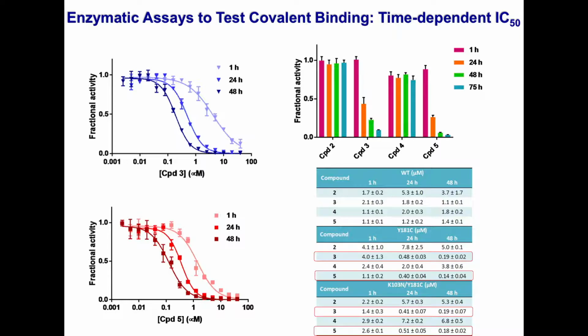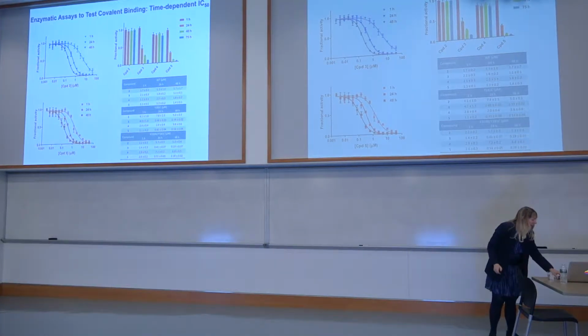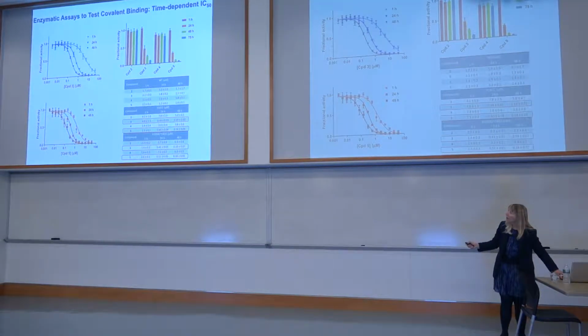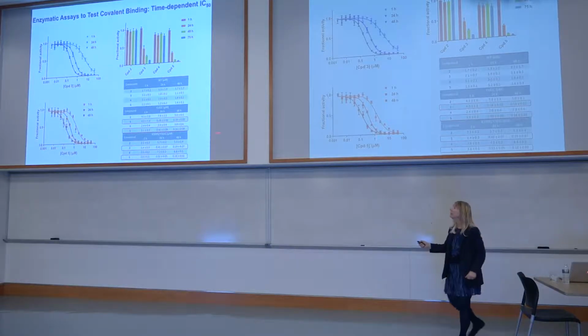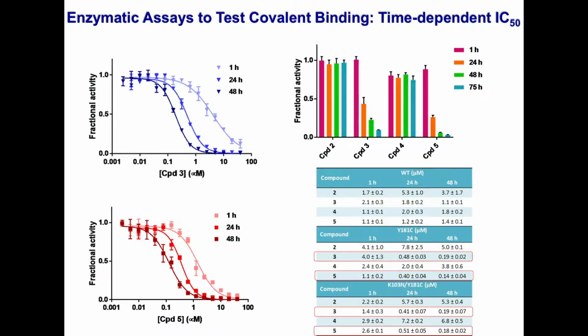It gets more and more potent as a function of time, and that is primarily in the context of the drug-resistant mutants, the Y181C. So we see that we improve the potency with the Y181C single and double mutations, down into the 100 nanomolar range.